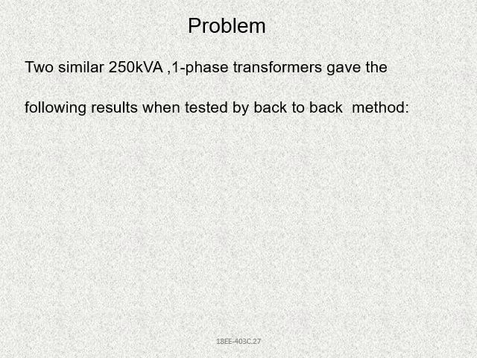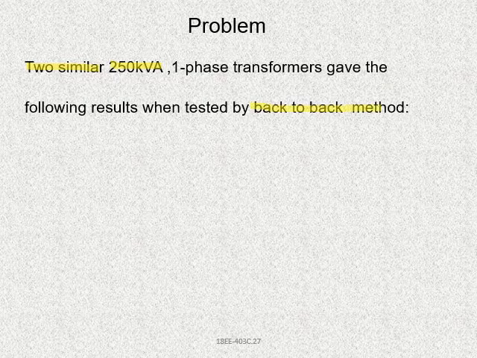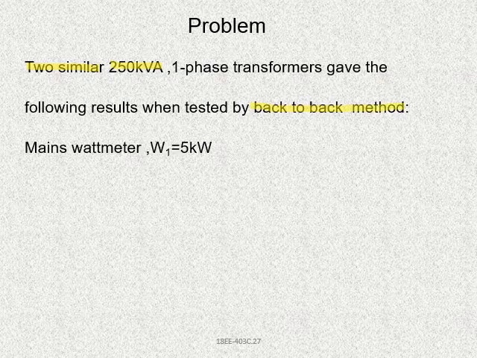So that is about Sumpner test. Now moving on to the problems. We'll be doing a problem and I'll give you some exercise problems. You can do them on your own. Now see, two similar 250 kVA single phase transformers gave the following results when tested by the back to back method, nothing but Sumpner's test.